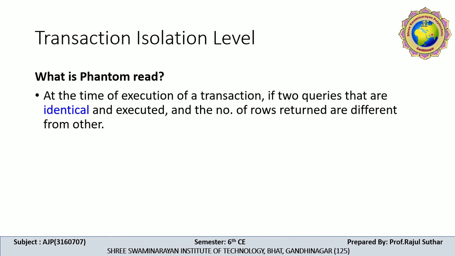At the time of execution of a transaction, if two identical queries are executed and the number of rows returned are different from each other, that is called phantom read.